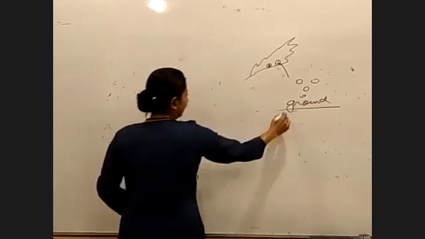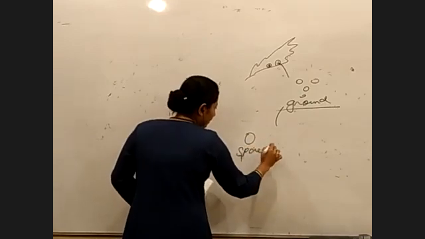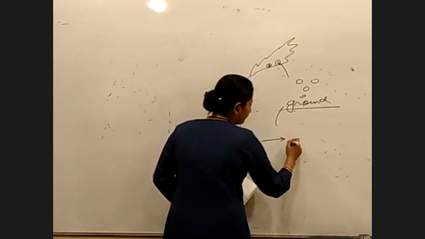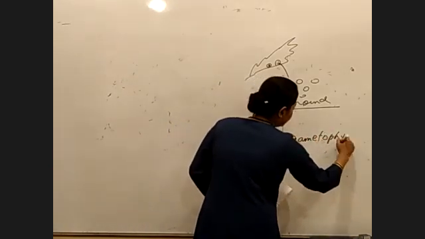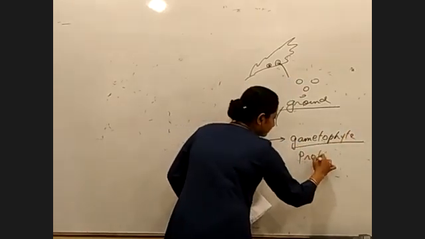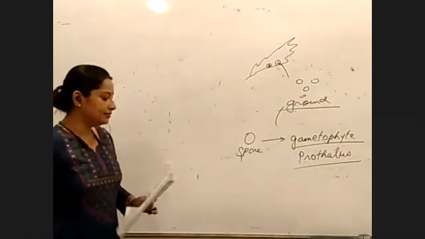Ground. And in the ground, what happens? The spore will form. Ki form koribo? Gametophyte. Very good. And the other name for the gametophyte is? Prothallus. Prothallus. Concept clear?